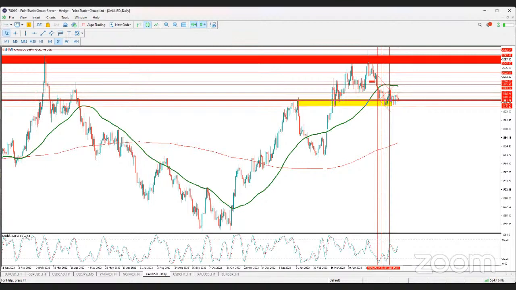Now, guys, it's all about understanding the chart itself. Think of the market as if it is a language, and you have no idea about this language. So you have two ways to understand it.